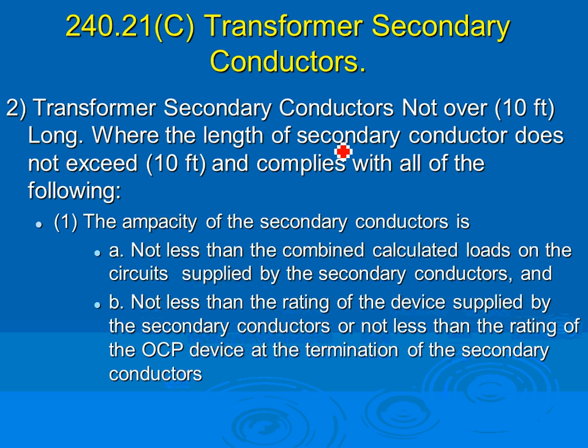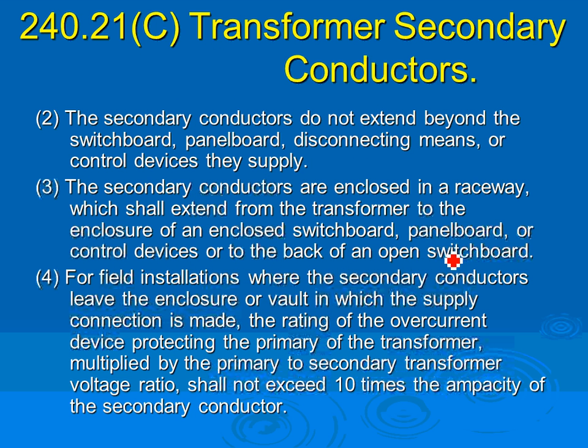So for the secondary conductor of 10 feet, the ampacity must be not less than the rating of the overcurrent device terminated on the equipment. That's what we just went through. Disconnect secondary conductors, and for field installation, here's where we got confused.